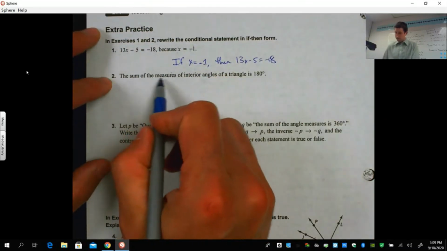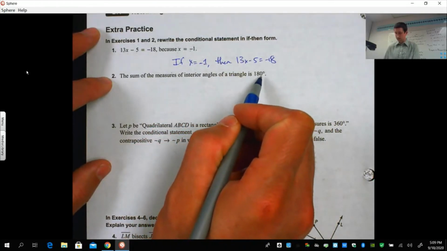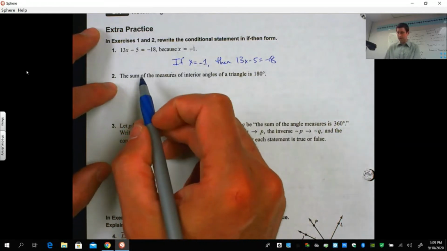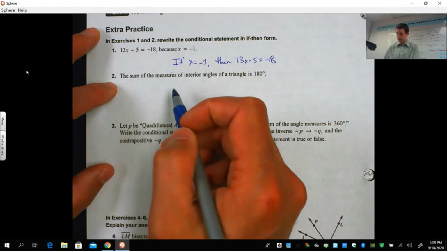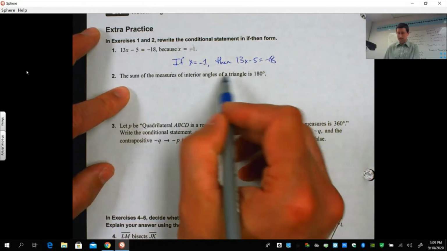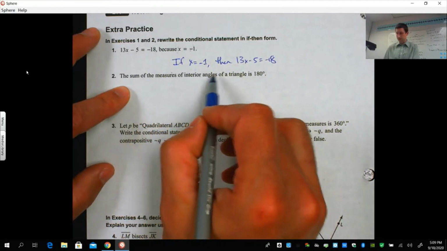The sum of the measures of the interior angles of a triangle is 180 degrees. This one can kind of be confusing. You have to think of an if-then statement. So what's my hypothesis? What's my conclusion? The conclusion is talking about something being 180 degrees. That is the sum of the measures of the interior angles.